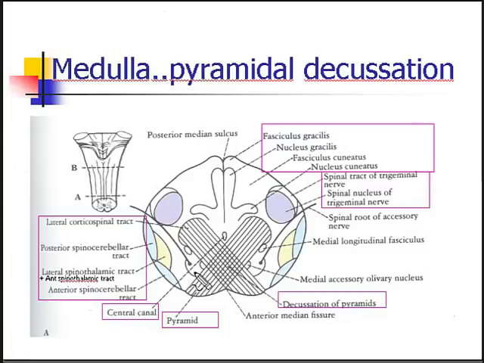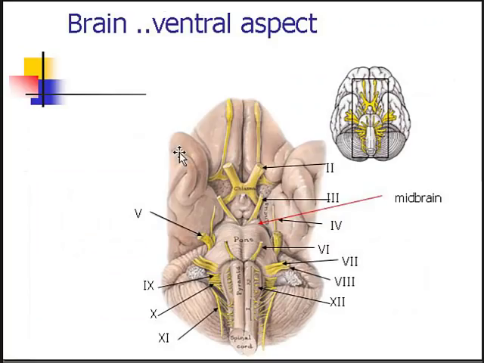You also expect to see the spinal root of the accessory nerve, which is the 11th cranial nerve, and you see that because that is going up from the spinal cord. So again, to go back here, if you look at this image, this is the 11th cranial nerve. These fibers which are present here are from the medulla, but then there are these lower fibers which are coming from the spinal cord.